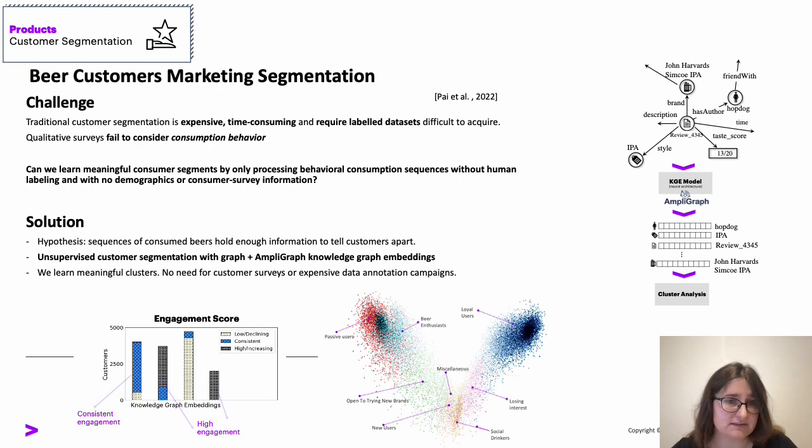You can see that the actual embeddings are presented at the bottom on the right-hand side, and we were able to identify some interesting clusters of users, for example, loyal users, passive users, or users increasing or losing interest, and it organizes beer customers into segments.